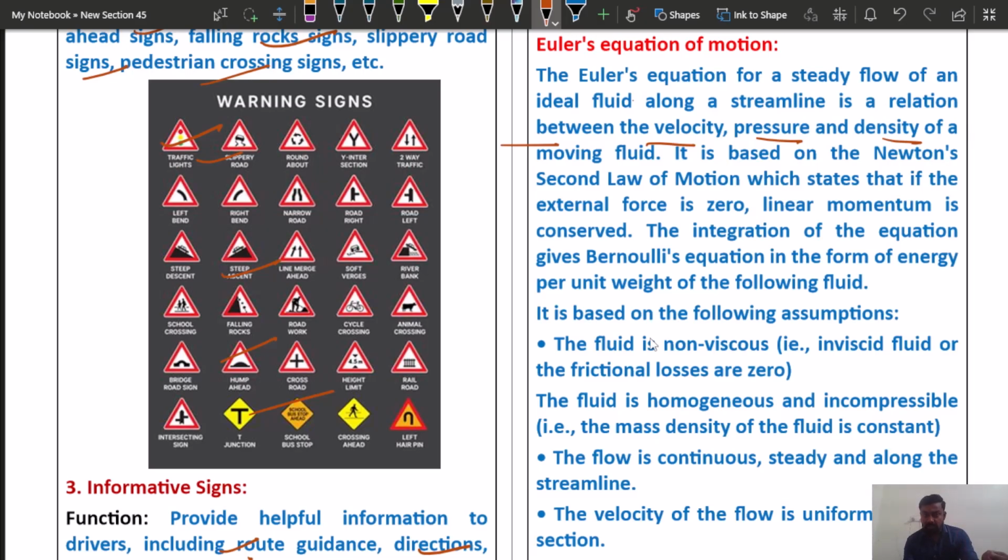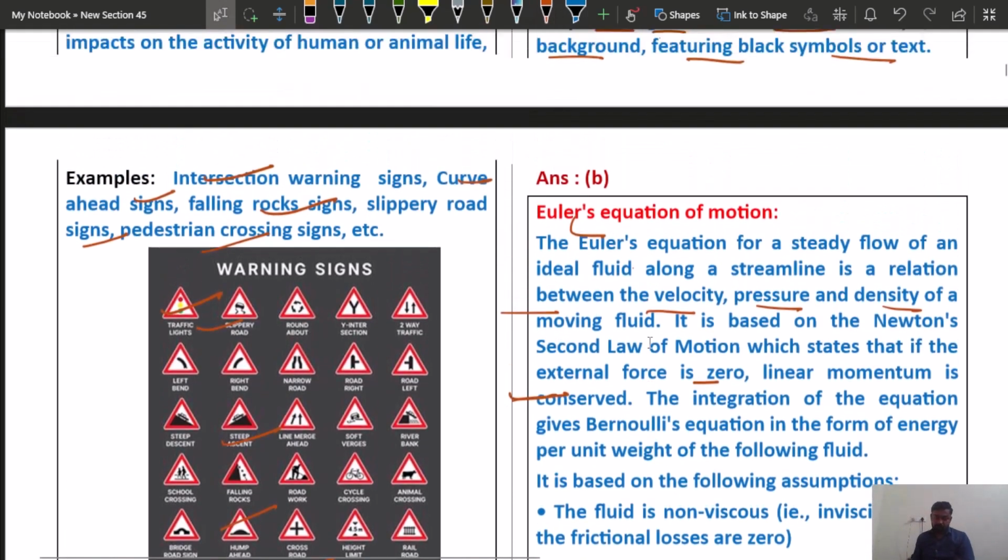Euler's equation is based on Newton's second law of motion, which states that if the external force is zero, linear momentum will be conserved. What is the Euler equation? Here, dp upon rho plus g dz plus v dv equal to 0.